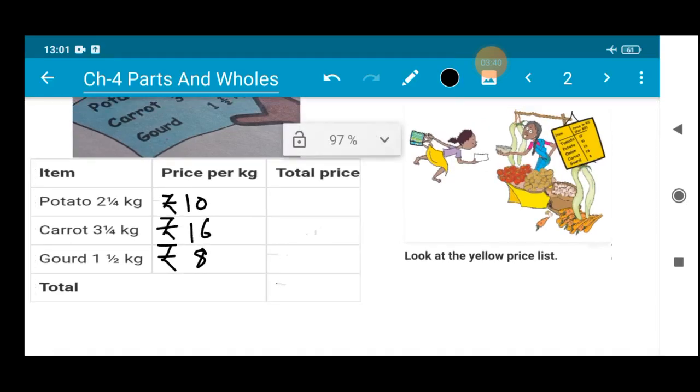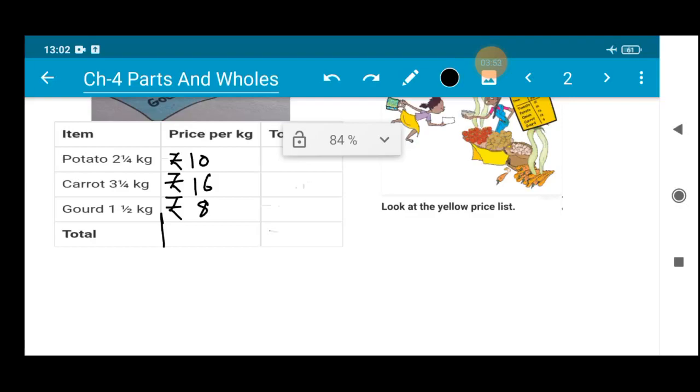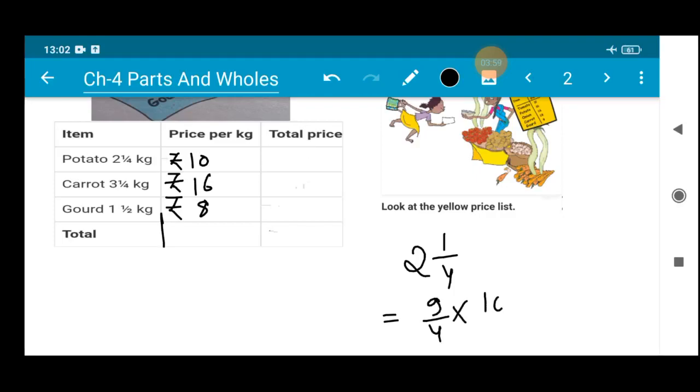Now what is the total price for all of this, that we have to calculate. So for 2 whole 1 by 4 kg, what amount does she have to pay? For 2 whole 1 by 4, it is 4 2s are 8, 9 by 4. So 9 by 4 into 10, 2 4s are 8, 2 5s are 10, it is 45 divided by 2.